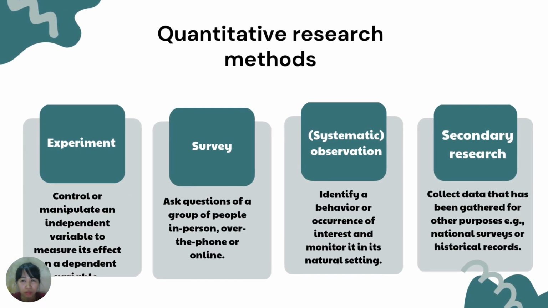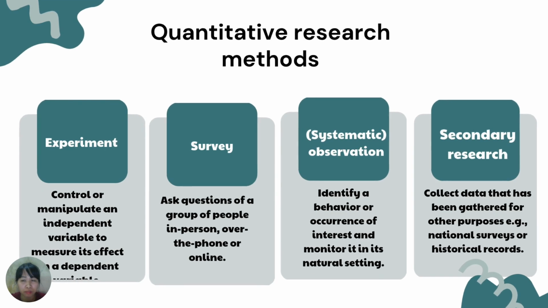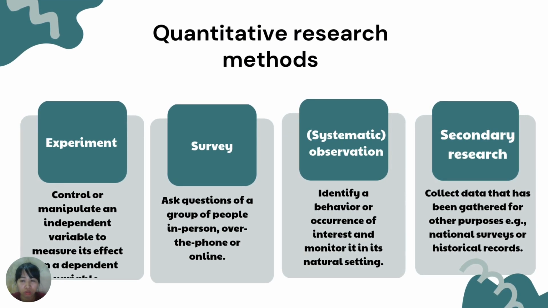Now, look at some common quantitative research methods. First, experiment: researchers control or change one variable to see how it affects another. Second, survey: we ask questions to a group of people, either in person, by phone, or online, to collect numerical data. Third, systematic observation.